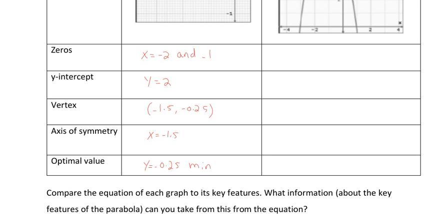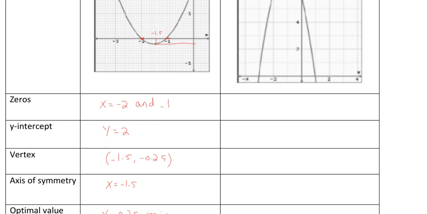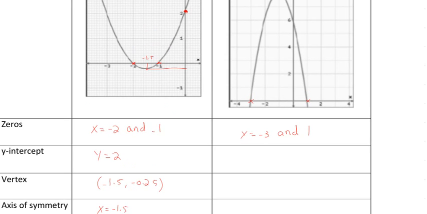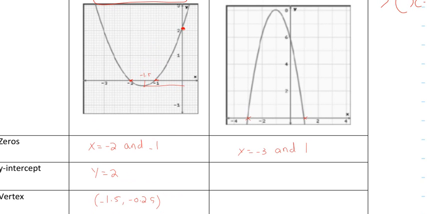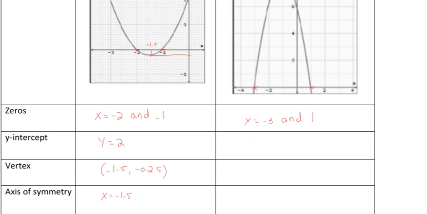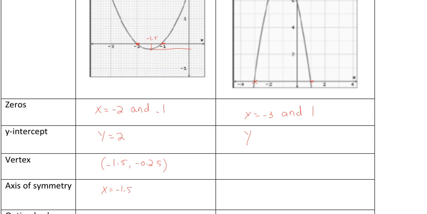At my second graph, where are the zeros? Can you see them? -3 and 1, right? So you see x equals -3 and 1. How about your y-intercept? It looks like it's around 6, yeah? So y equals 6.